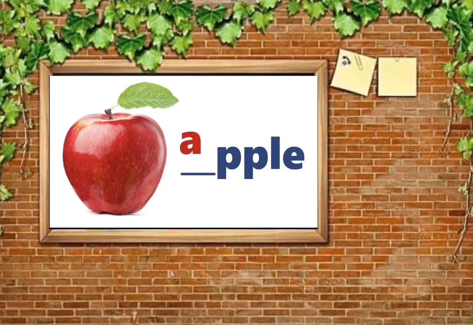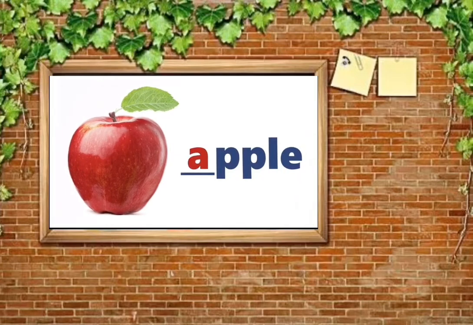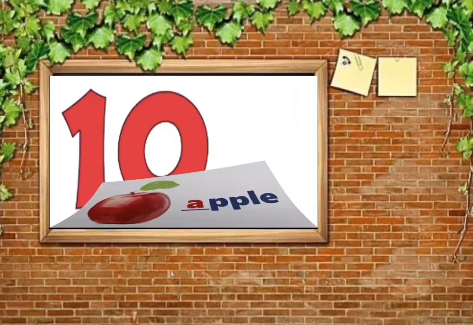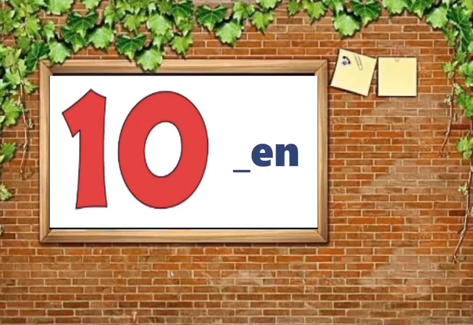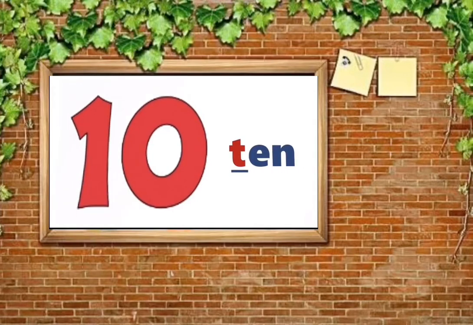Correct! It's letter A. Apple starts with letter A. Next picture, number 10. What is the beginning letter of the name 10? It's awesome! It's letter T. 10 starts with letter T.